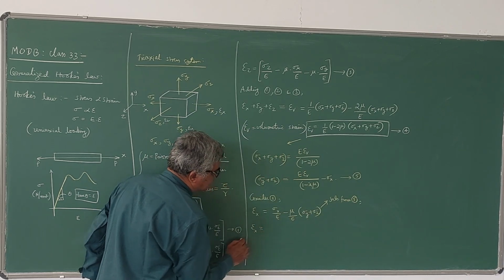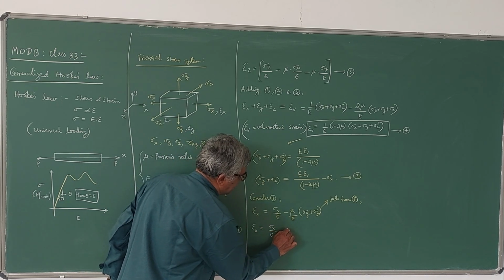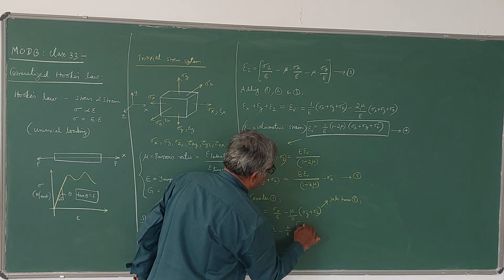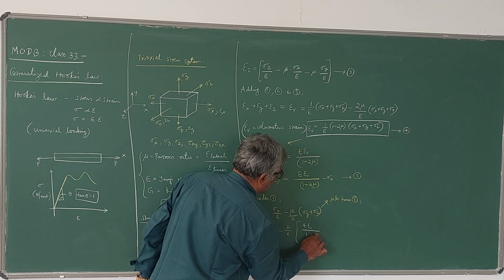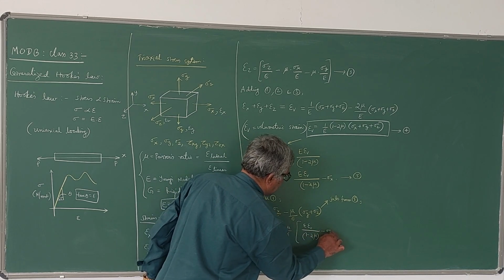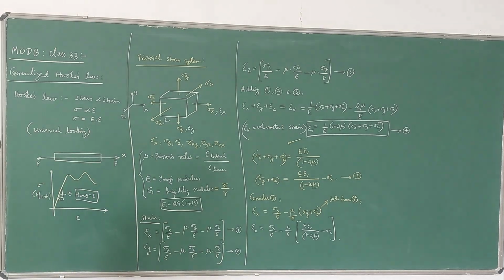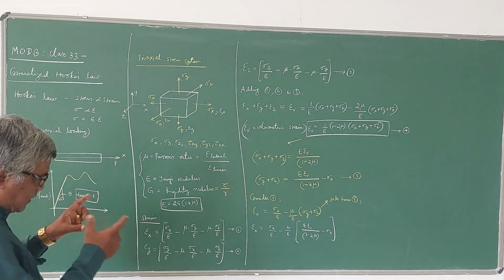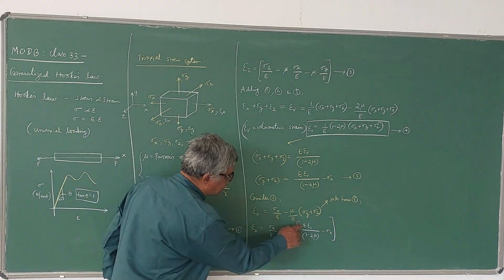So epsilon x is equal to sigma x by E minus mu by E into E epsilon v by 1 minus 2 mu minus sigma x. Now I will take the sigma x terms together, so I have to switch here.